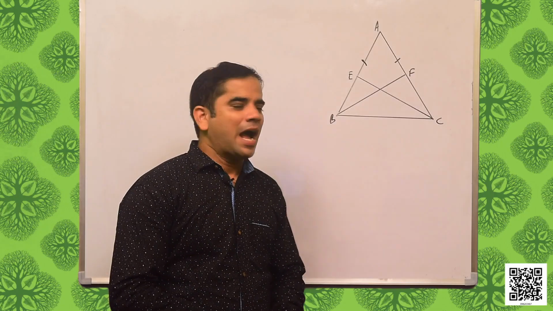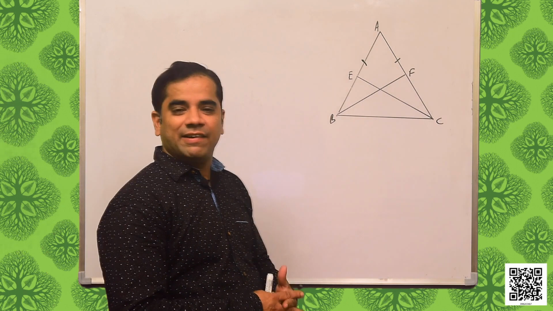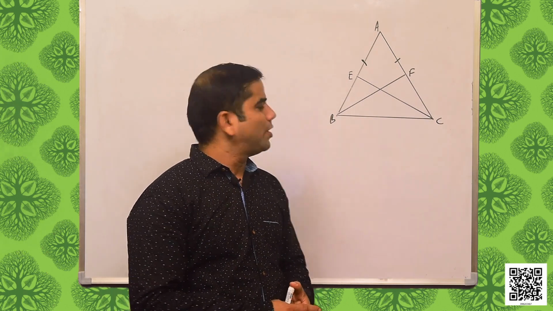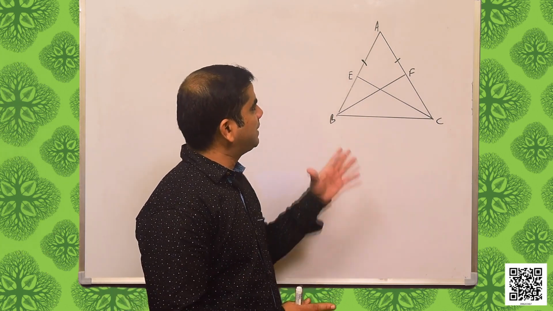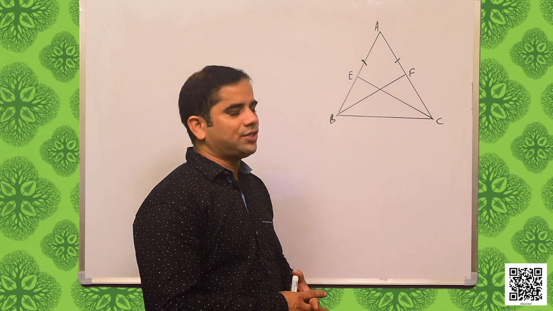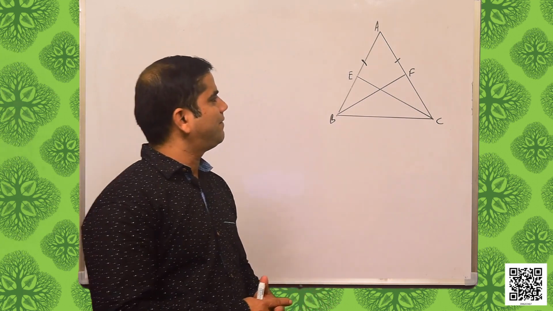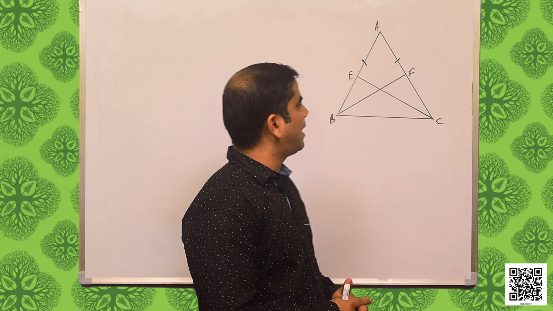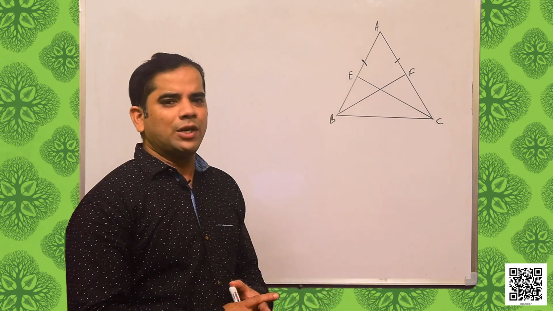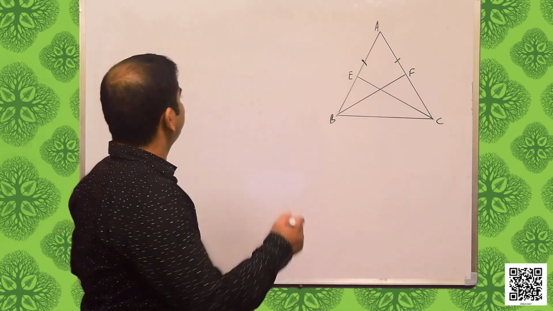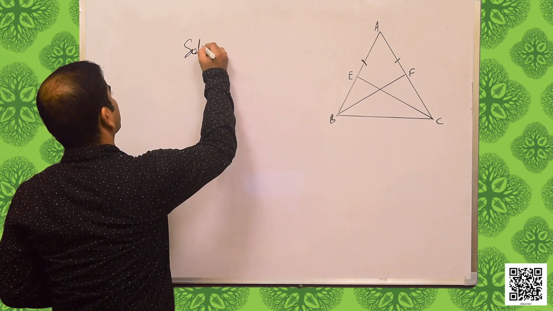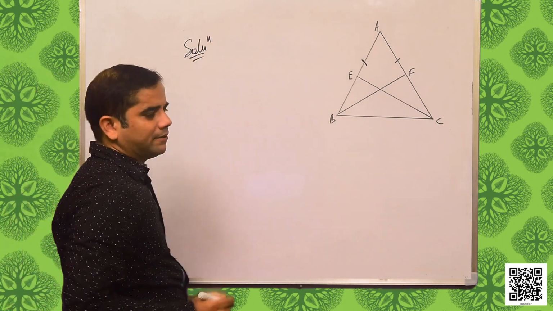Students, I have constructed the figure as it is given in your book. So, as per the given data, ABC is a triangle in which AB is equal to AC and E, F are the midpoints of sides AB and AC respectively. So, let us go for the solution. Fine.